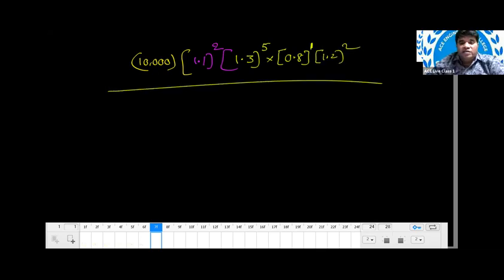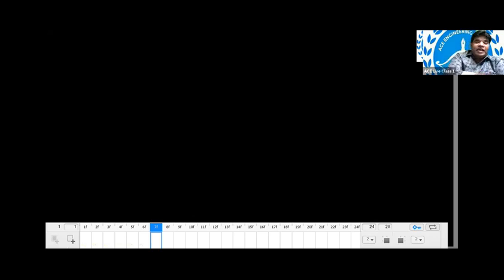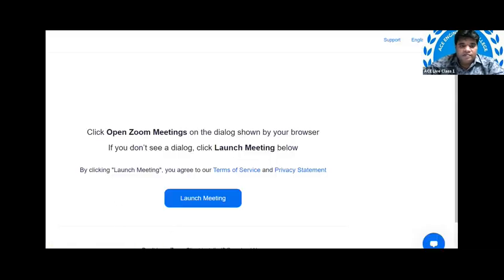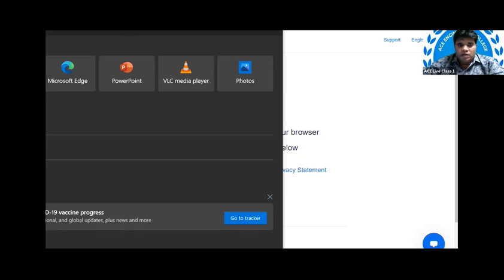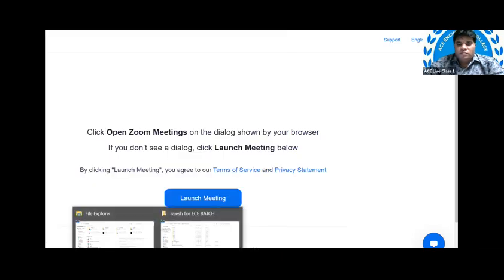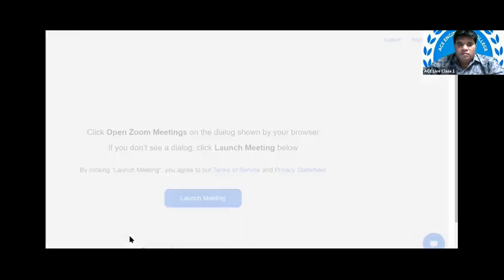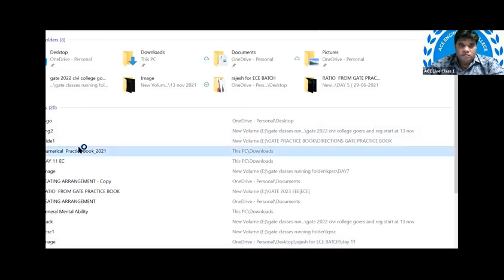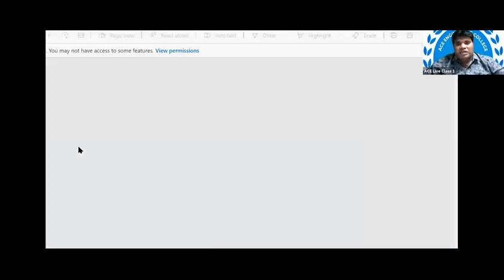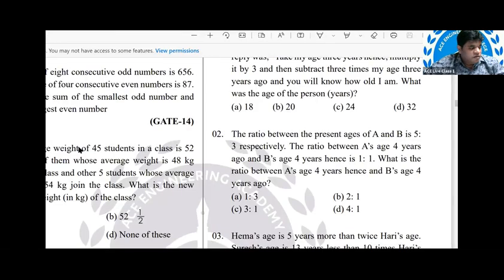Simplify and you get the answer. Different timing, different rate percentage. Now open the calculator, friends, and tell me the answer. We have 10 models in total, so I will explain all 10. Don't worry.